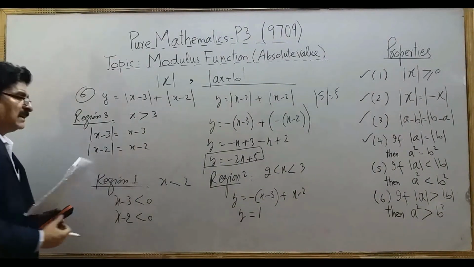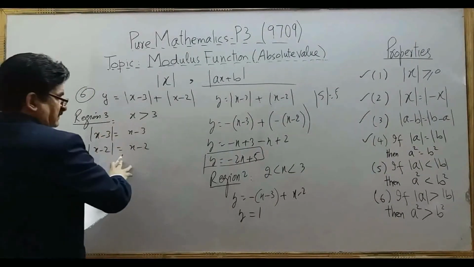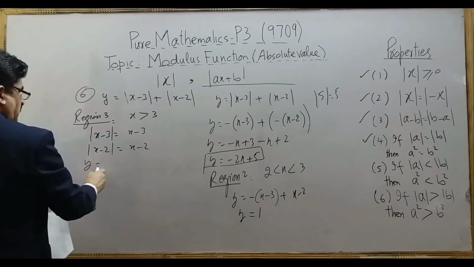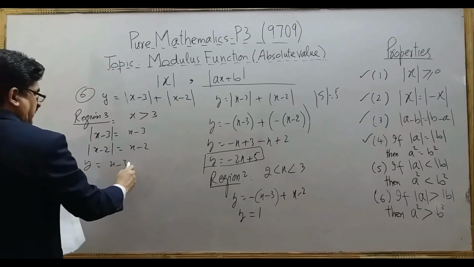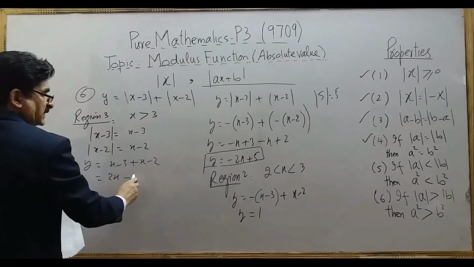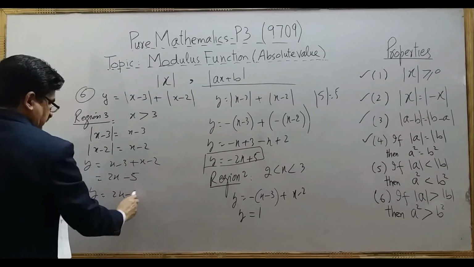So there is no need to write the modulus sign, it is already positive. So modulus of a positive value is positive, hence our y becomes x minus 3 plus x minus 2, and this becomes 2x minus 5. So in this case you have 2x minus 5.